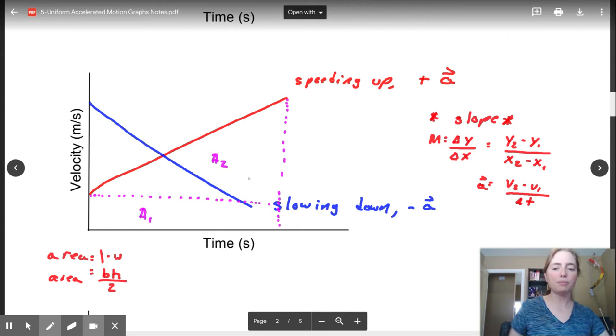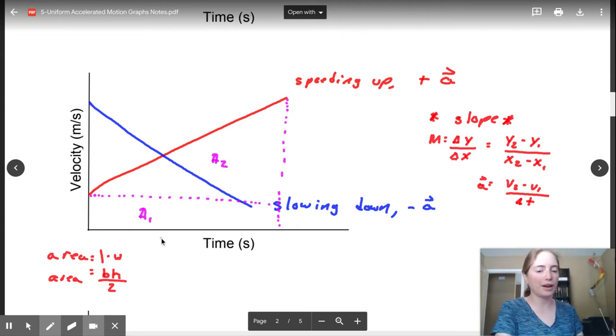Now, if I'm going to be finding this area 1 here, what would I have to do? Length times width. So we've got length, we've got width. Length times width. Velocity times time.